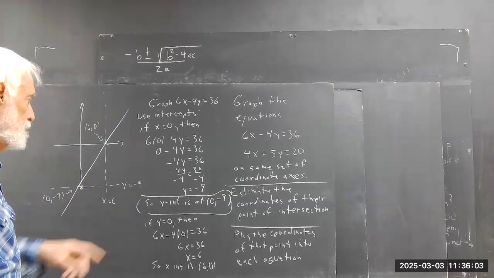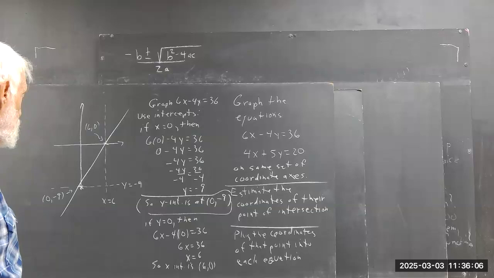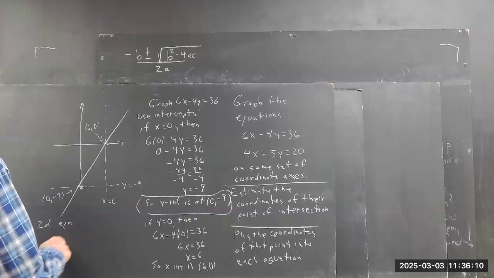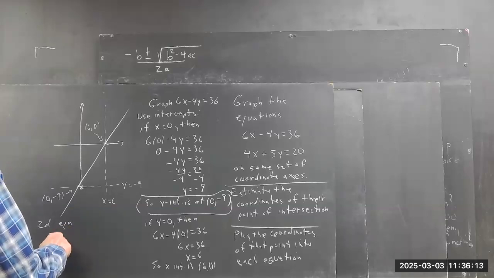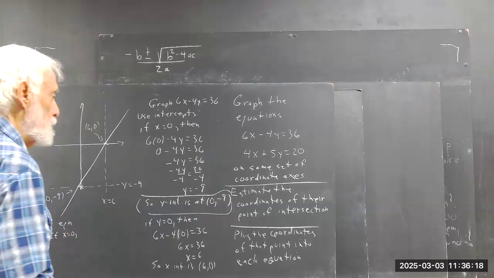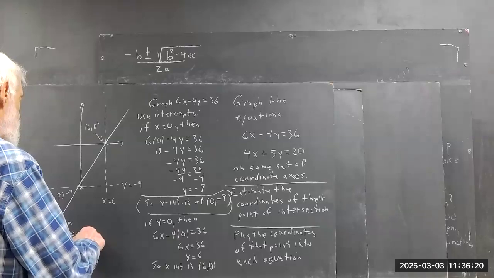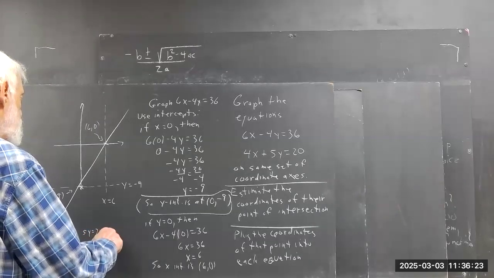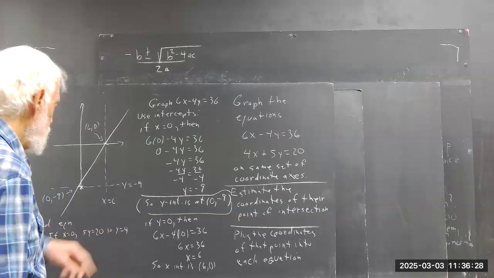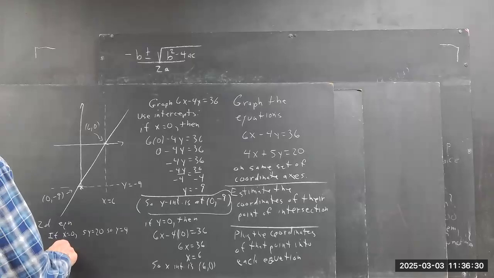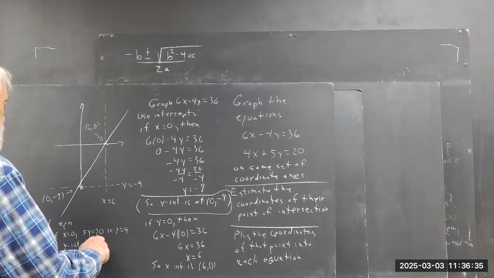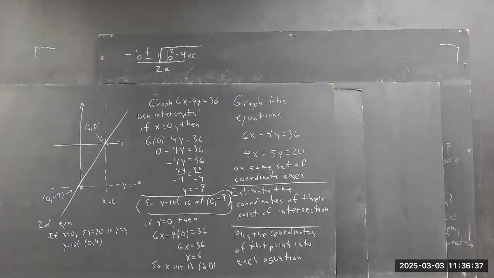Okay. Now I want to find the intercepts in the second equation. If x equals 0, we get 5y equals 20, so y equals 4. So the y-intercept is 0, 4.